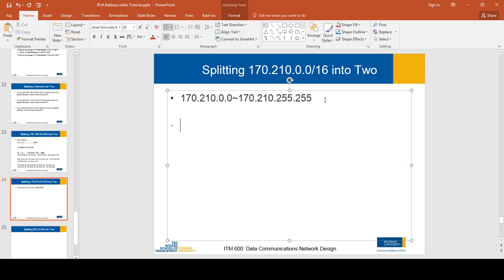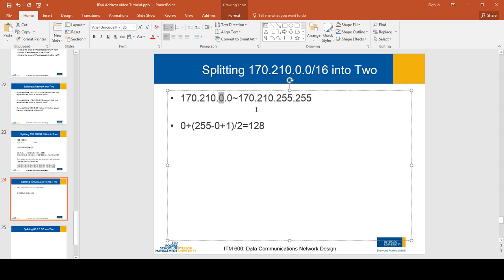So the midpoint again on the third octet would be in between, the midpoint of 0 to 255. Again we use the same formula, the lowest value 0 plus the highest value 255 minus the lowest value 0 plus 1 divided by 2, which is 128. Now this 128 is the start of the second half, but this 128 is on the third octet.